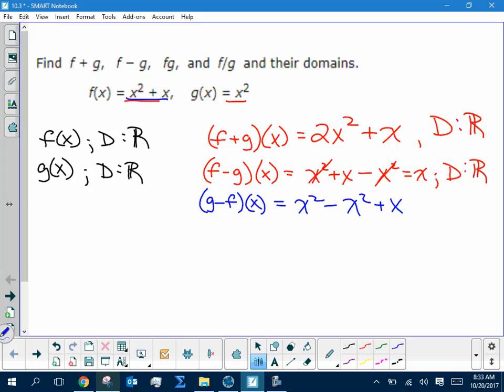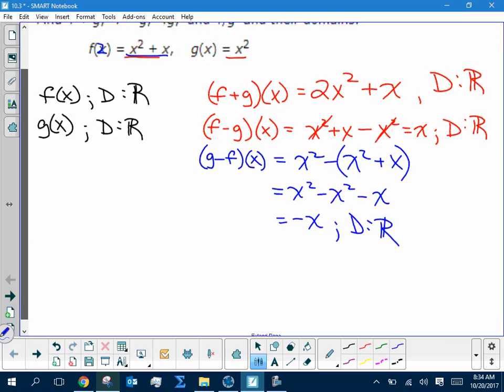If x was 2, I would get 4 plus 2. If I just write it this way, I subtract 4, and then I add 2. But I really want to subtract the total of 6. So I need to realize that this is a quantity. You put parentheses around it, and then it becomes x squared minus x, and now you get the result of the opposite of x. The domain is still all real numbers. If you're missing that, that might be an issue.